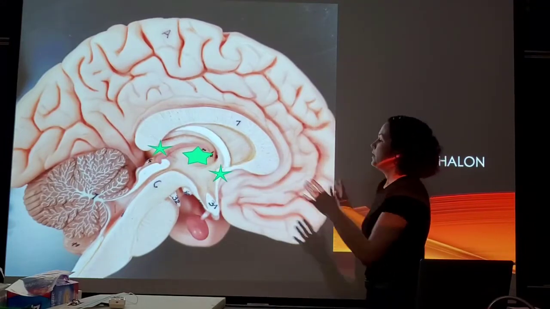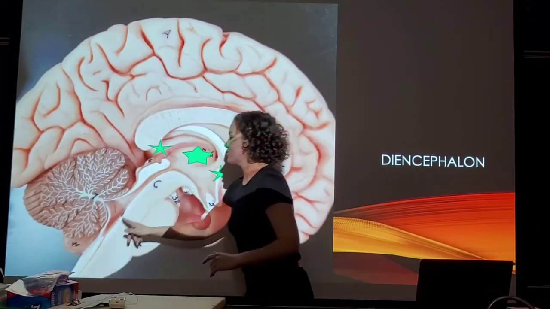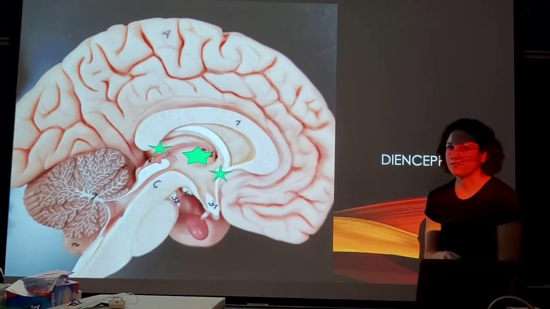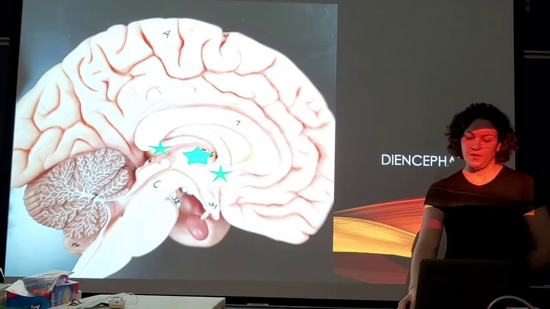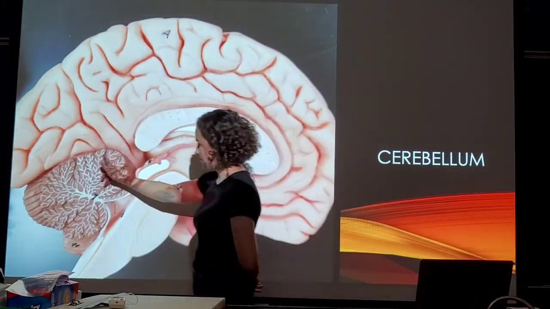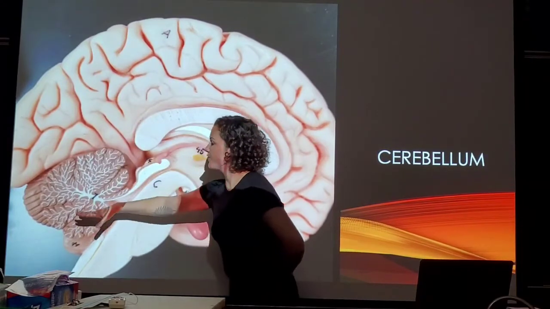We know that because the epithalamus is closer to the cerebellum, which is the most posterior and inferior division. Okay, right, so the cerebellum is right here. It is posterior and inferior, okay?